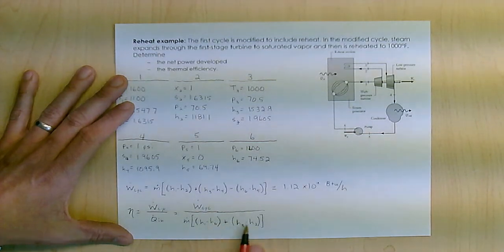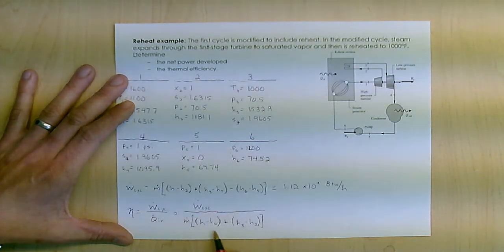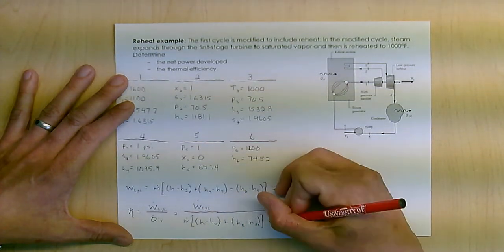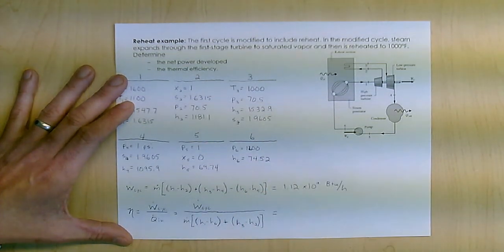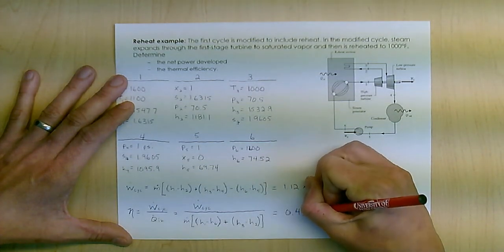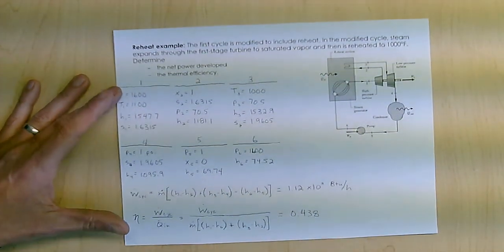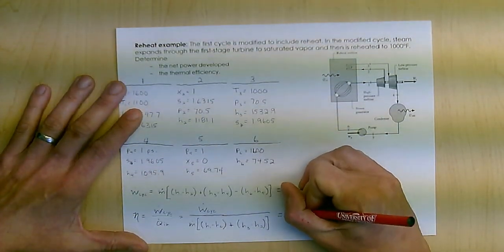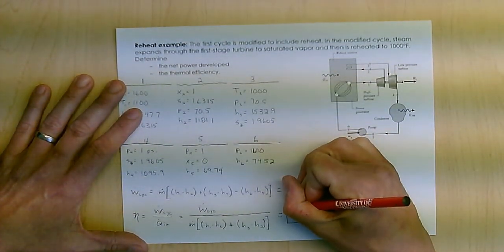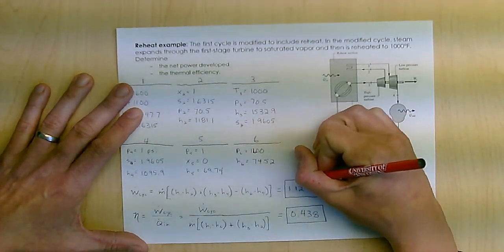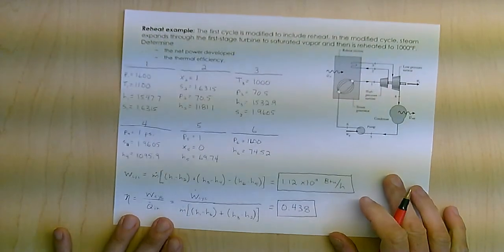So I've got two heat additions, two works, and one work out. When I plug in all of that, I get an efficiency of 43.8%. If you remember from the previous problem, it was 42.9, so it's a slight increase in our efficiency as well as a slight increase in our work output, which is a good thing.